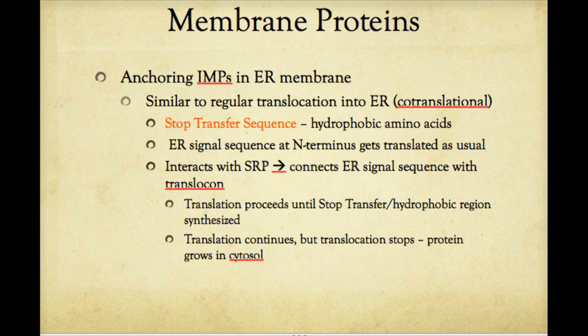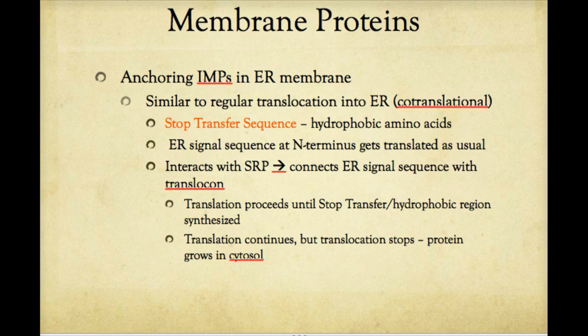What this sequence of amino acids has in terms of chemistry is that its amino acids are all hydrophobic. Any protein that has a stop transfer sequence within it also has an ER signal sequence at its N-terminus, because of course it has to get sent into the ER first in order to be integrated into the ER membrane.